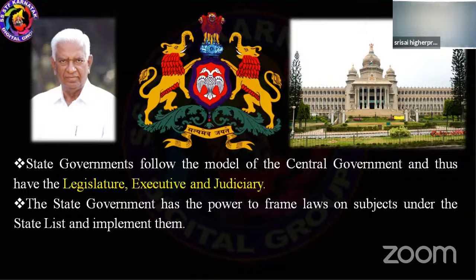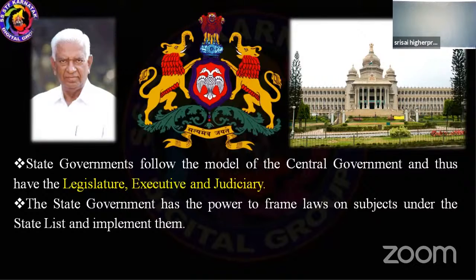First pillar, legislature. Second one, executive. Third one, judiciary. Fourth, media. They don't officially mention it, but it is considered the 4th pillar of democracy. These are the 3 organs of the state government.